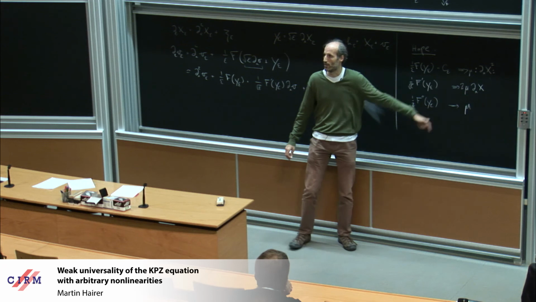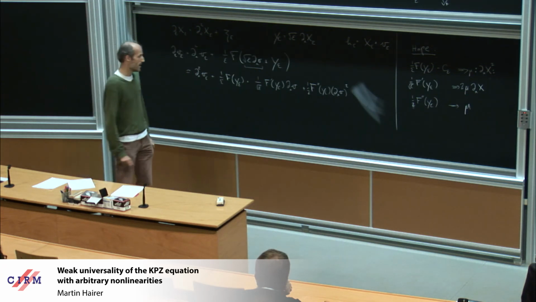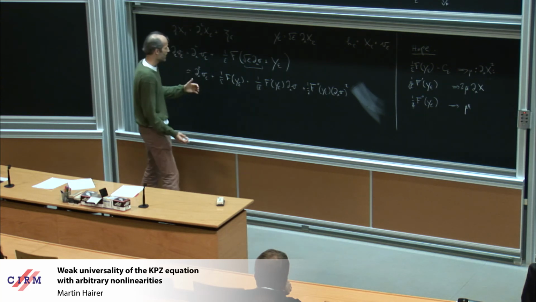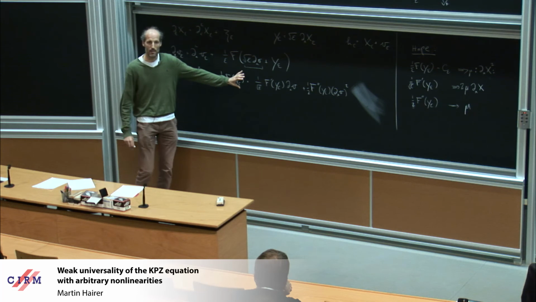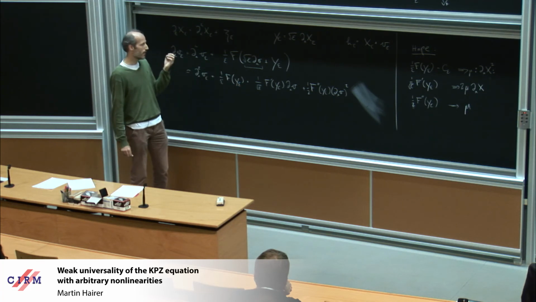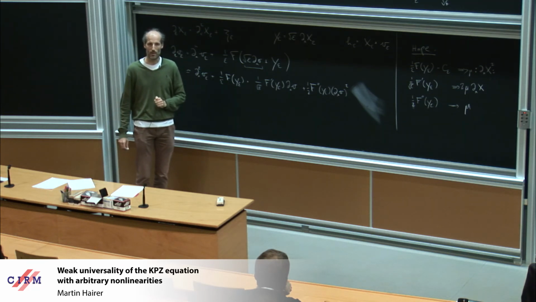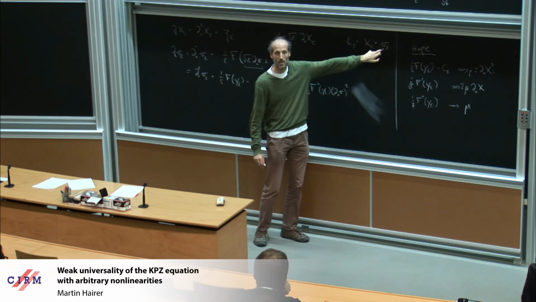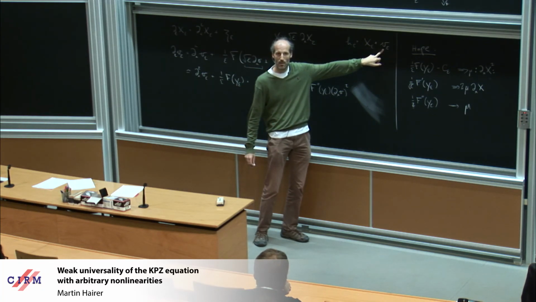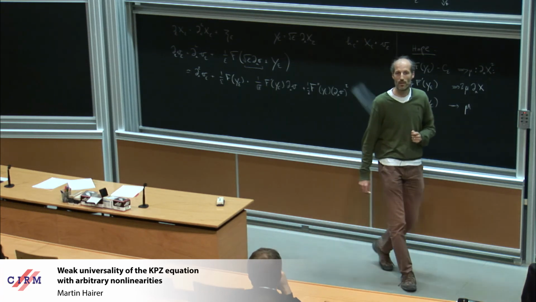Okay, so that's one major problem here. What you end up seeing at the end is that even if you knew already exactly that the limit is the KPZ equation, and you look at the analog of this process V here for the KPZ equation, then what you realize is that V itself is not differentiable.